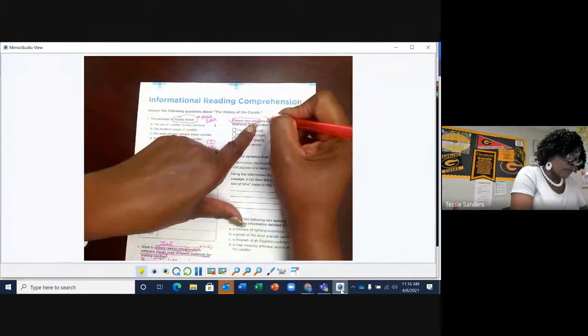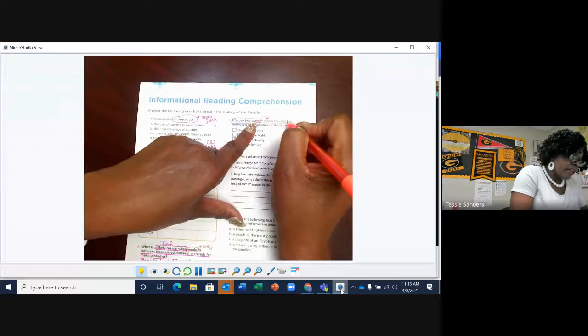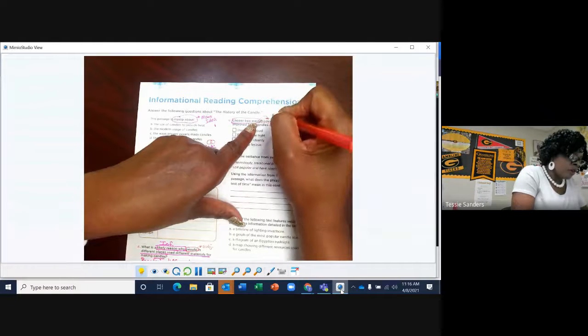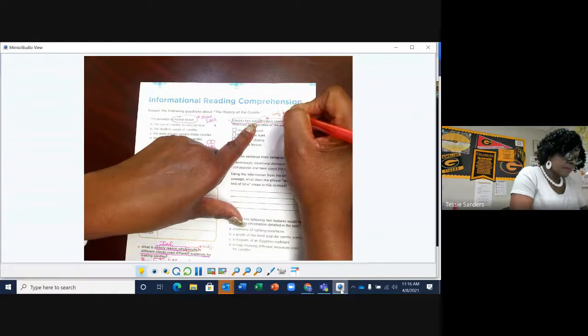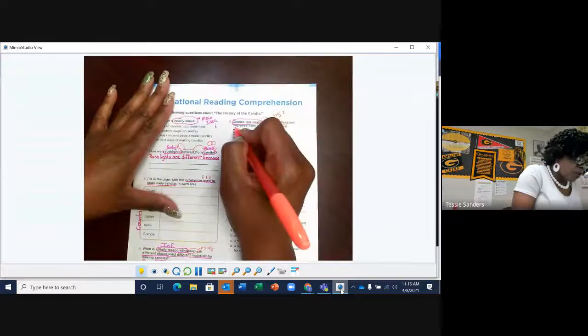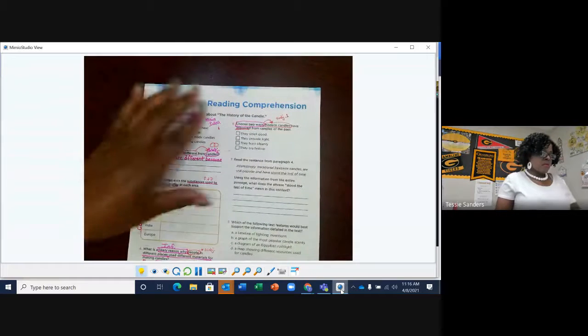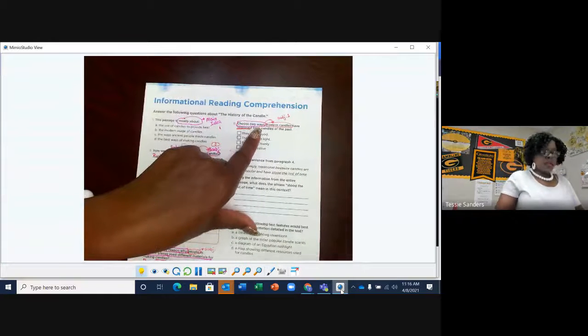Draw an arrow. Here's your first subject. Modern candles. This is subject 1. Have improved, and we're looking for how they have what? Improved from candles of the past.